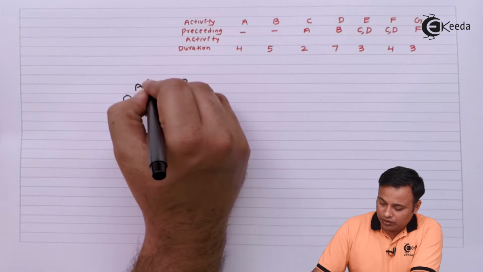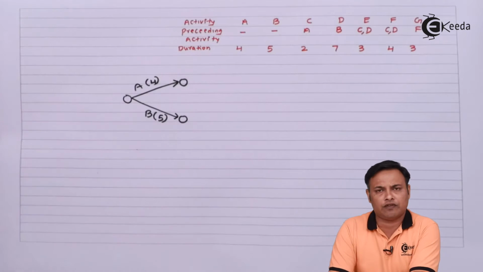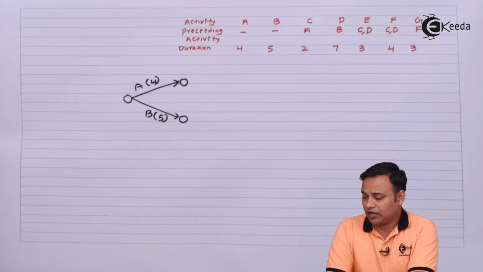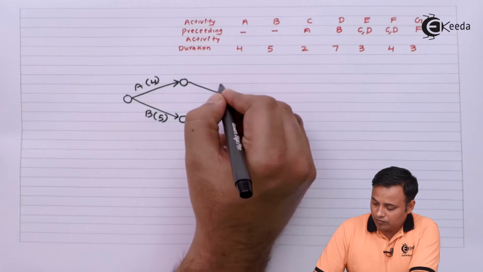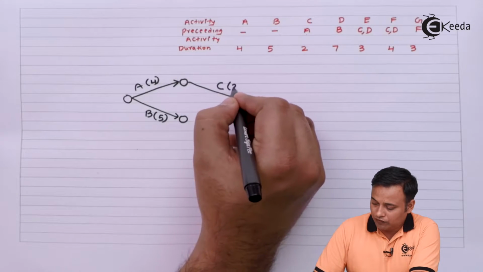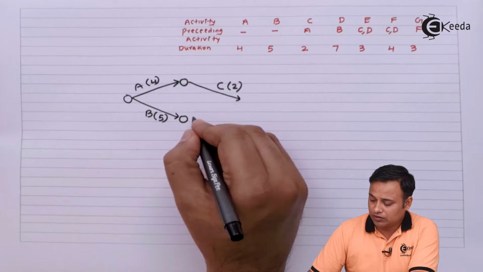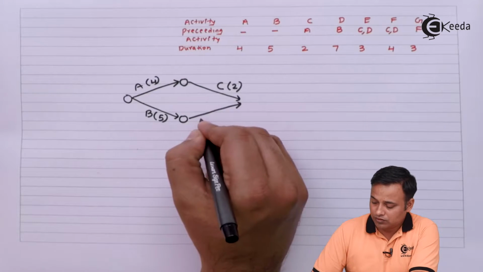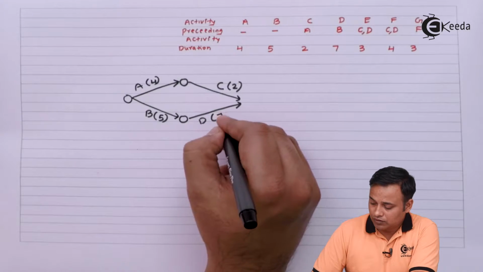So A will have a duration of 4, B has a duration of 5. Then after A we have C with a duration of 2. After B we have D with a duration of 7.